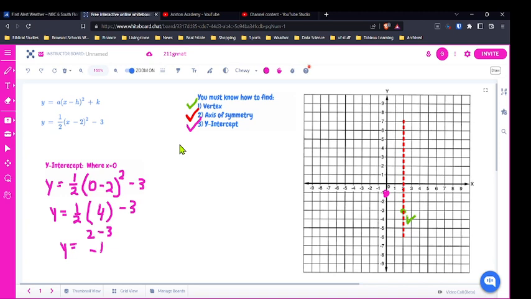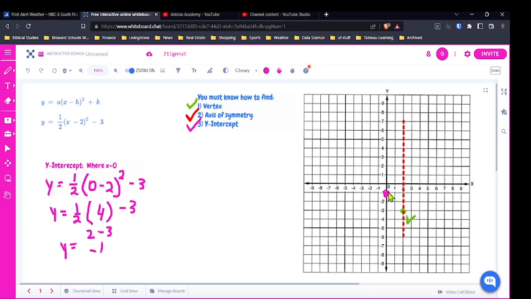This axis of symmetry, like I said, goes right down the middle of the parabola, which means that if I have any point that's not the vertex, it has to be a different point, what you can do is go horizontally from that point, either to the left or right, until you get to the axis of symmetry.